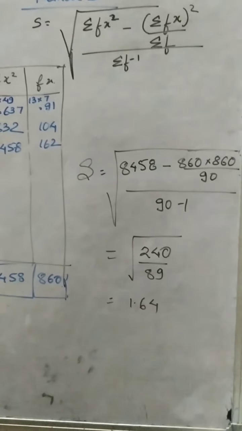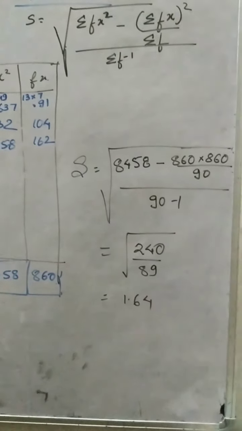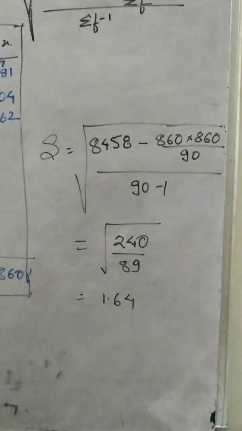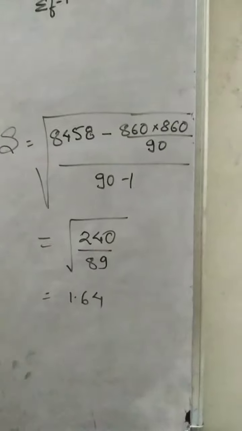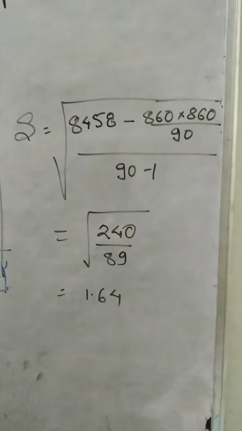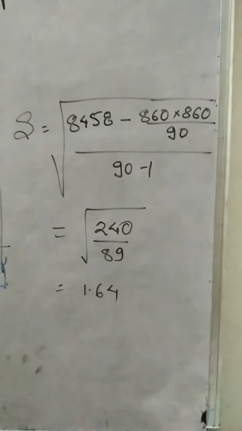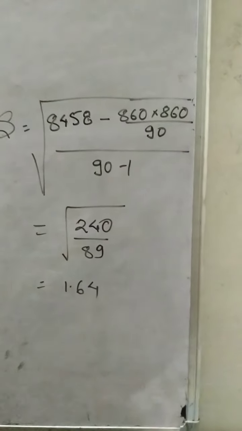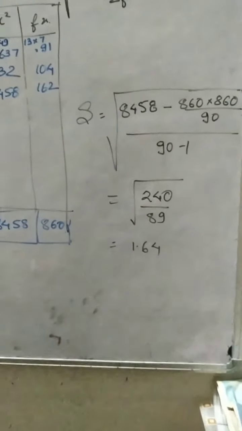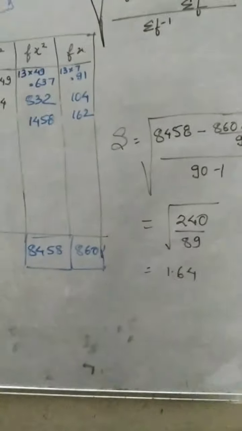First you have to multiply 860 into 860, then that value has to be divided by 90, and then that value has to be subtracted from 8458. The result must be divided by 89, which you get after subtracting 90 minus 1. The value will be 240 divided by 89. Again it comes to 1.64.